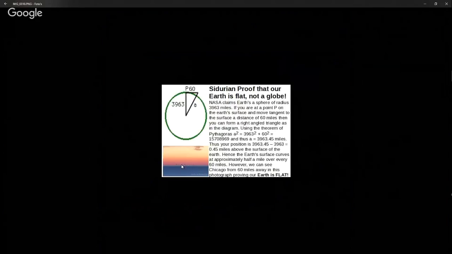This is Chicago from 60 miles away. So we just did the calculation, and I'm not right. Yeah, and this, I was not far from my calculation. So if the Earth was curved, you couldn't see Chicago over Lake Michigan from another city over here.